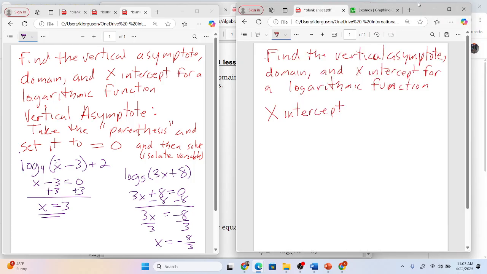So for the x-intercept, I need to set y or f of x, depending on your notation, to 0. Or better yet, let me not say set. Let me say it a different way. Let's say replace.